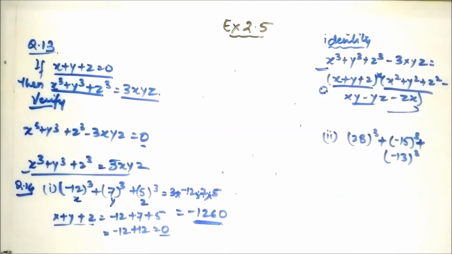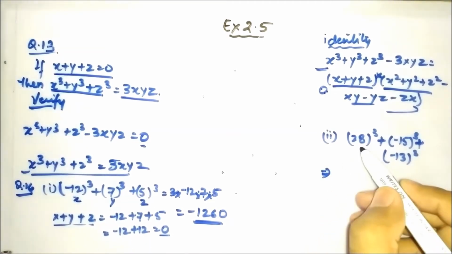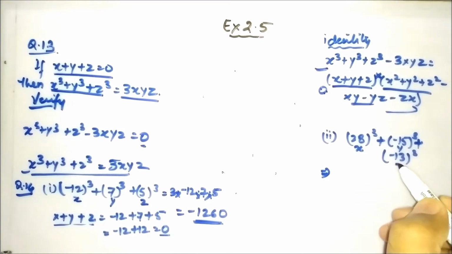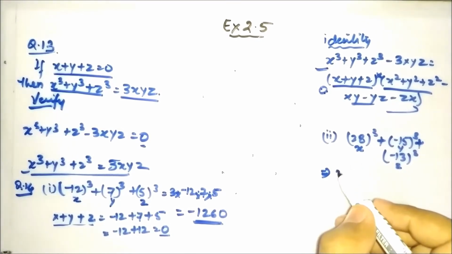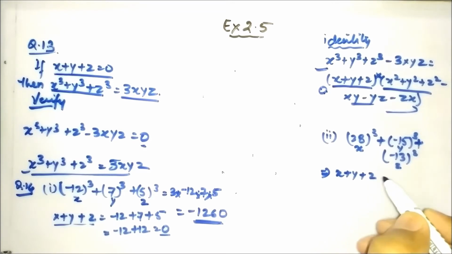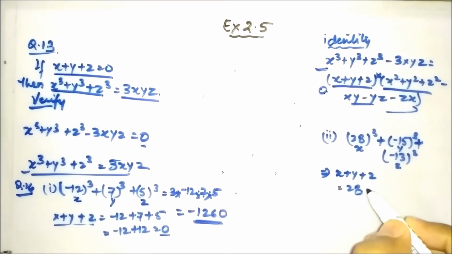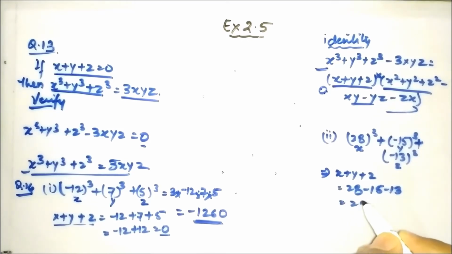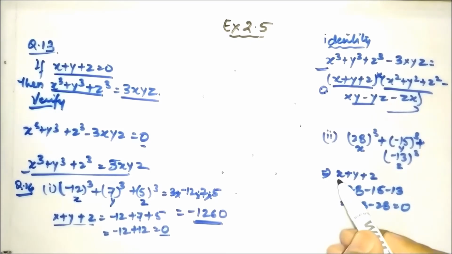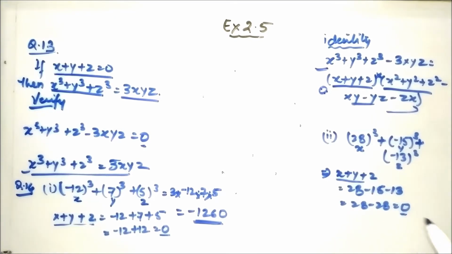If you use the same concept in the second part, consider this as x, this as y and this as z. We can see that x plus y plus z is equal to 28 minus 15 minus 13. That will be 28 minus 28 and that will be equal to 0. So here also we are getting x plus y plus z is equal to 0.